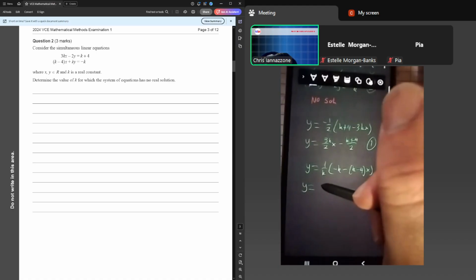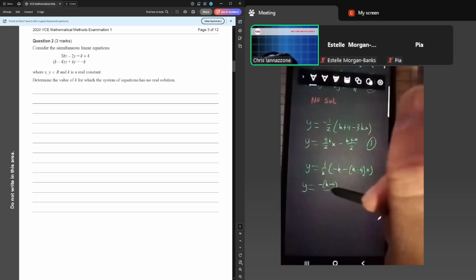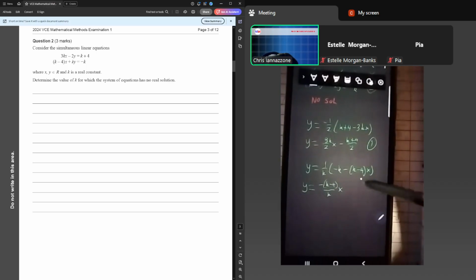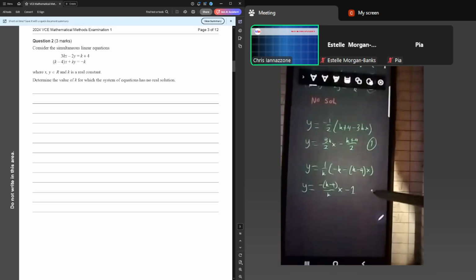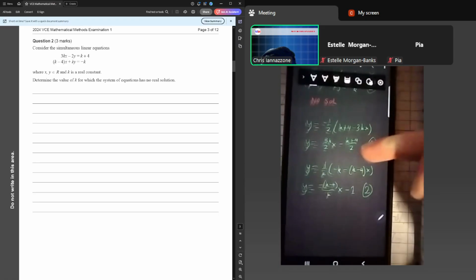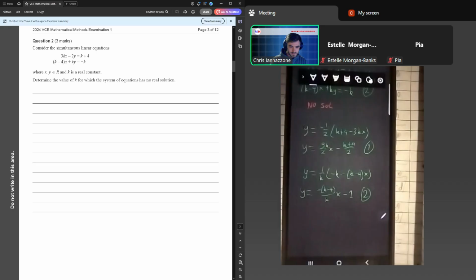So that's going to be negative bracket k minus 4 over kx minus k over k, so minus 1. That's equation 2. All right. If that's clear enough how that was created, what can we do from here?